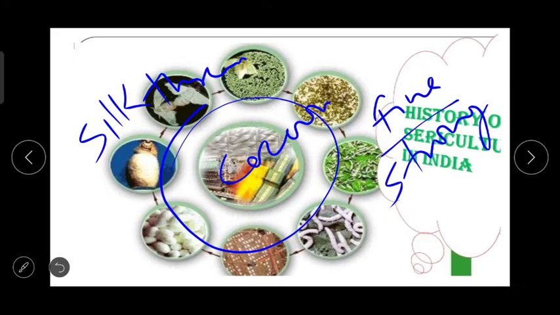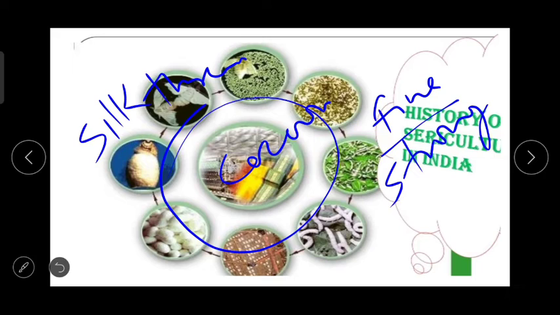So getting silk thread from cocoons and manufacturing silk cloth are independent occupations. दोनों अलग अलग हैं. They are not included in agriculture. Different organizations supply silk moth eggs to the farmers. Leaves of mulberry trees are the main food for these silkworms.